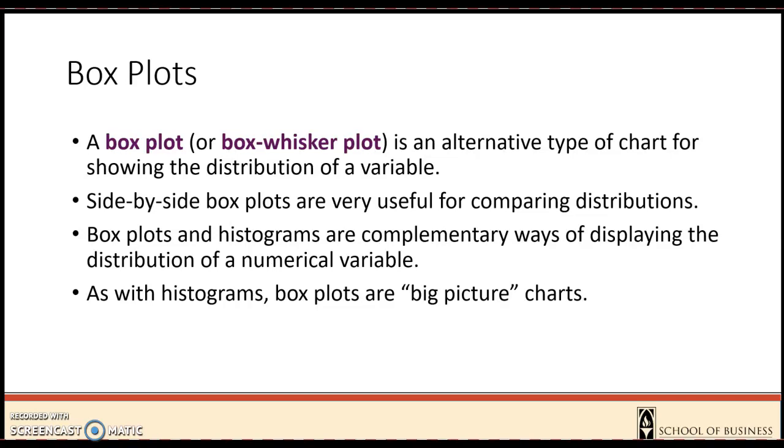But next week, when we go back and look at it again, and we start looking at distributions side by side, we will get some very interesting data. Box plots are a complementary way of displaying a numerical variable, and they show us the first and third quartile, the interquartile range, and all that great stuff.